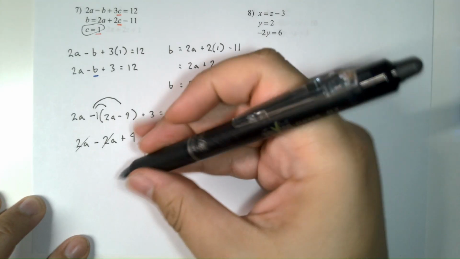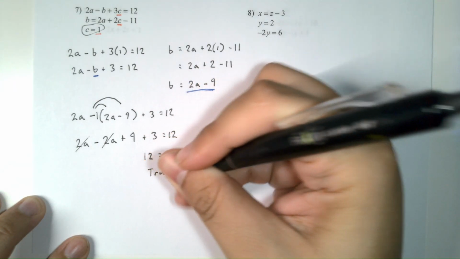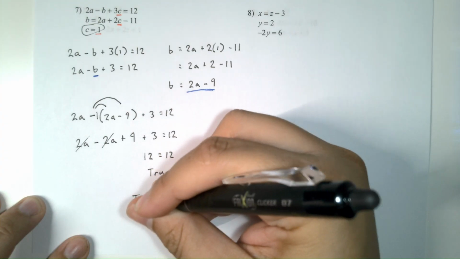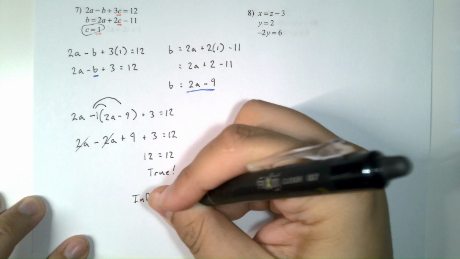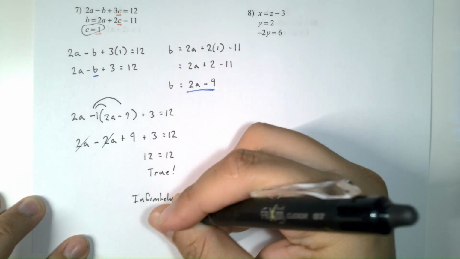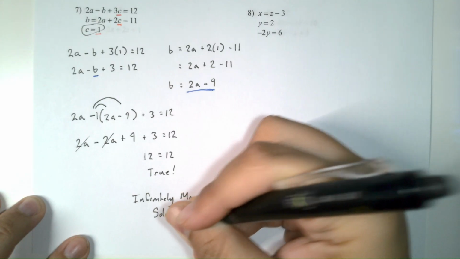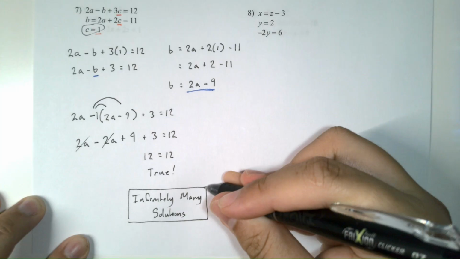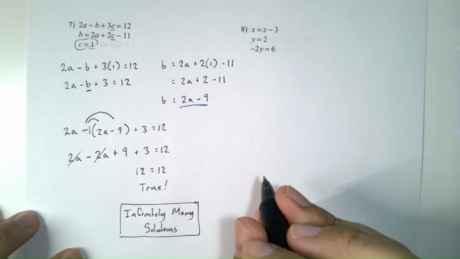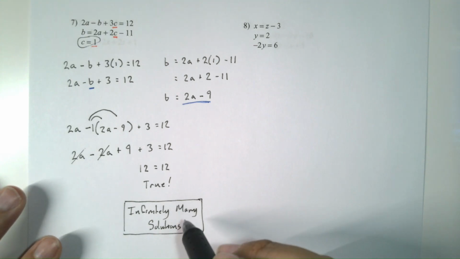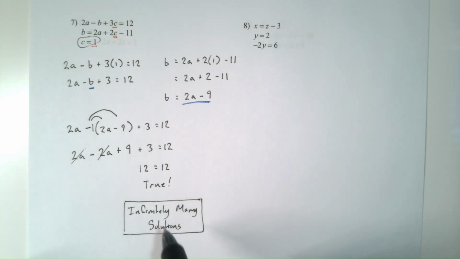And since this statement is always true, that tells us that there are infinitely many solutions. We won't delve into what those solutions are, but what we do know is that there's infinitely many of them.